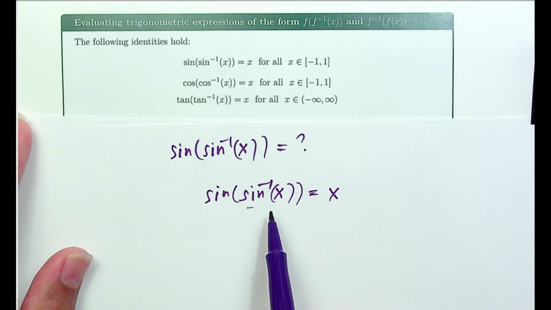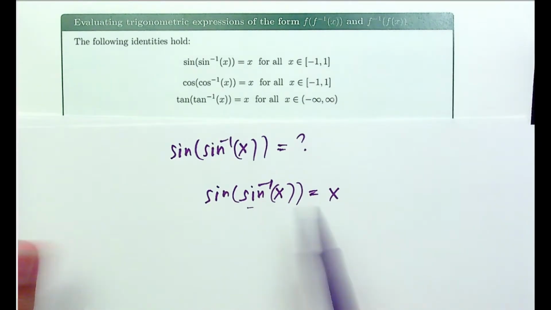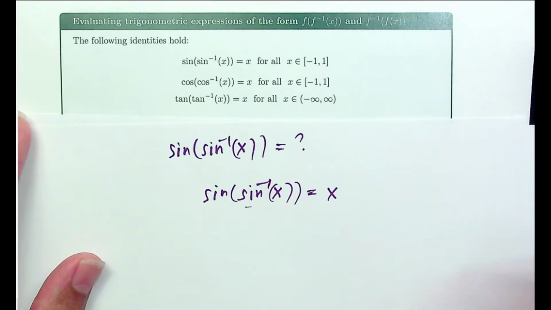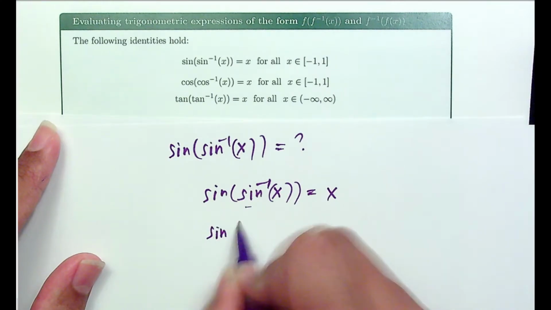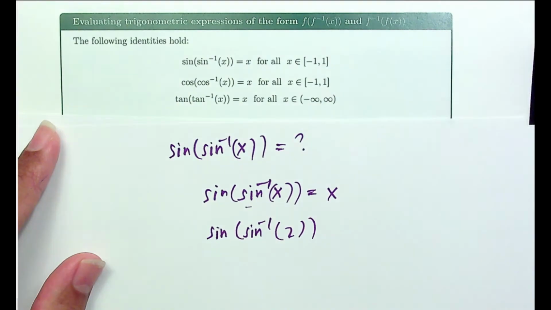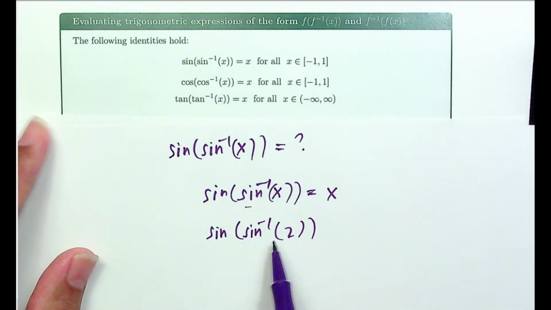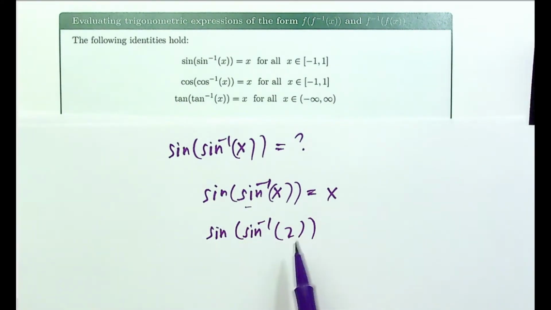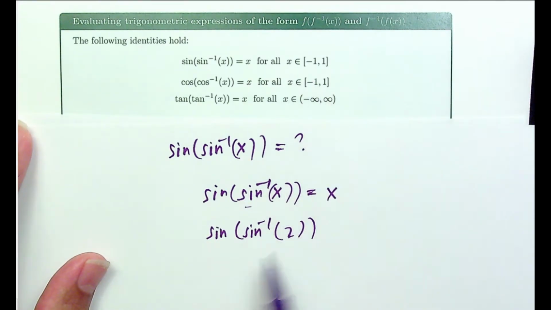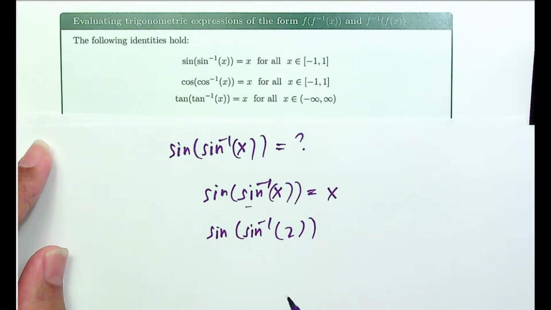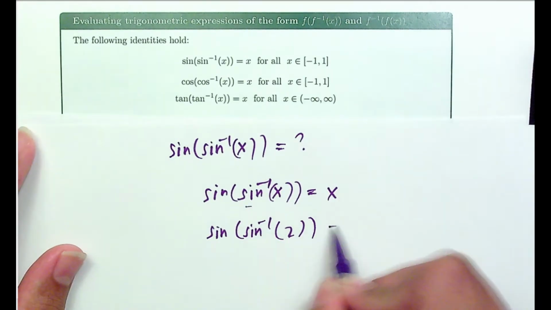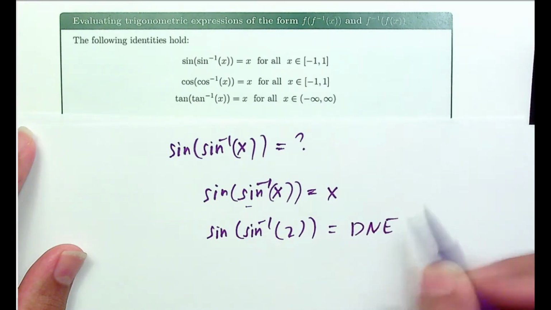Whenever I'm plugging in a number that makes sense, or in other words, a number that is in the domain of sine inverse. Because, for example, if I was trying to plug in a number such as 2, then 2 is not within the correct bounds, the correct bounds being -1 and 1, so this doesn't even make any sense. If you tried this in a calculator, it is nonsense, you would get error. So this does not exist. This is nonsense.